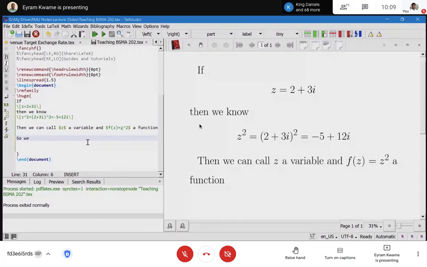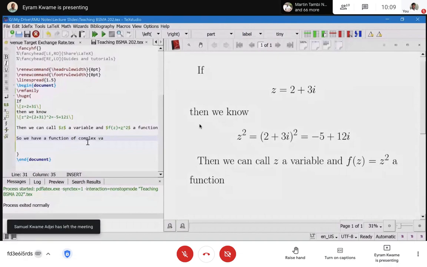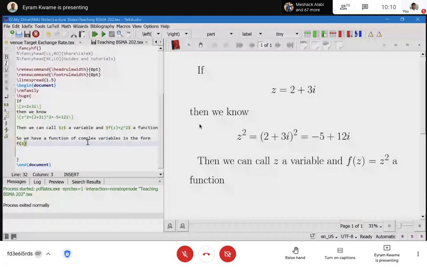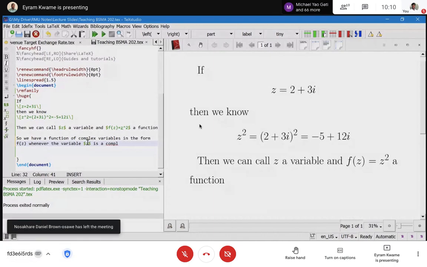So we have a function of complex variables in the form f of z, whenever the variable z is a complex number, or takes some complex number, belongs to the complex plane, is in the complex plane.